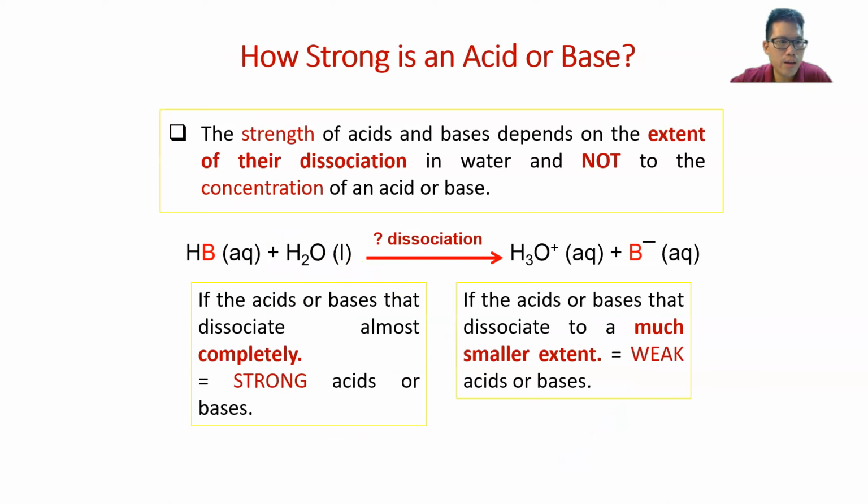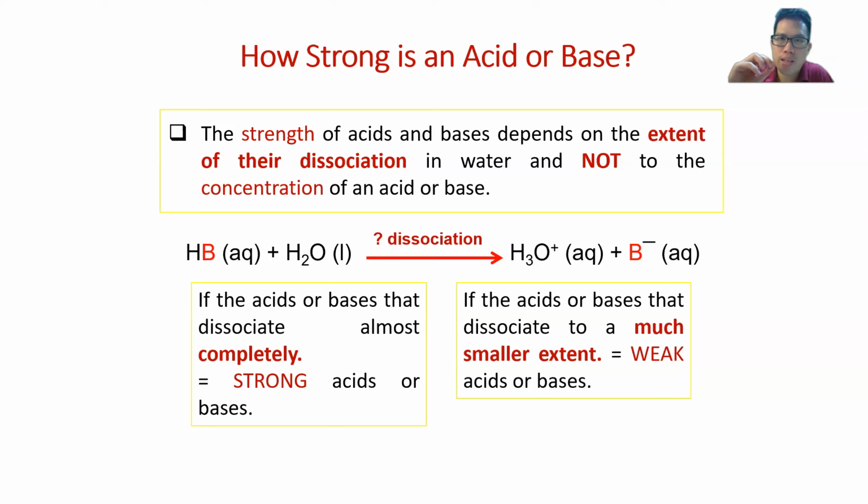The next one is we want to talk about acid or base. Sometimes we talk about strong acid, strong base. What does it mean by strong? And another word is weak acid, weak base. What does it mean? Whether it is strong or weak, it has to do with what we call dissociation.